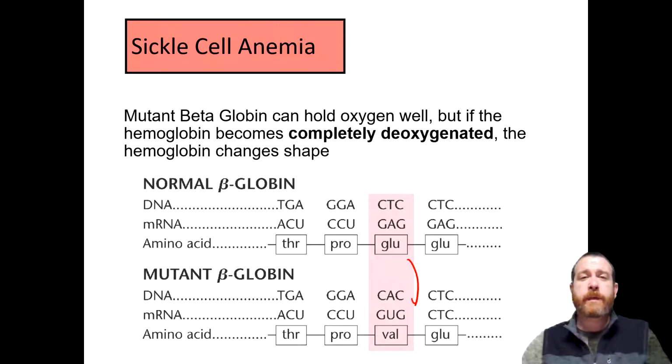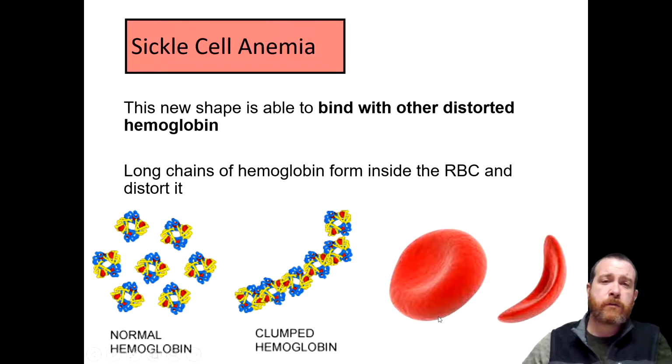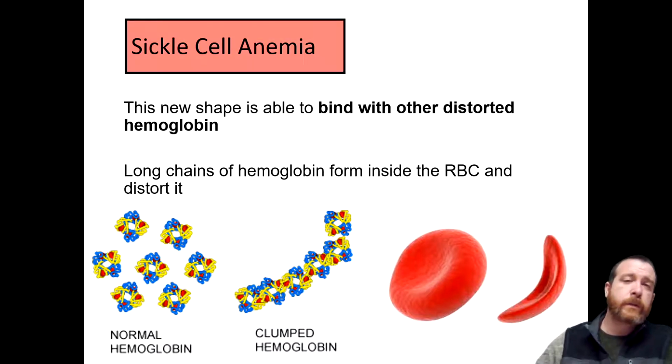And this becomes a big problem because now this new hemoglobin that's been deoxygenated, it's lost its oxygen, is actually going to start linking up with other deoxygenated versions of hemoglobin.